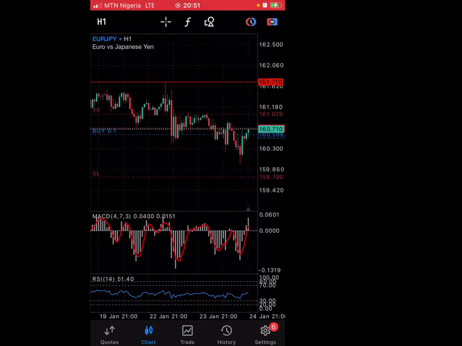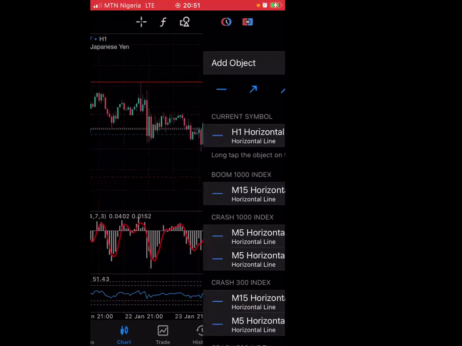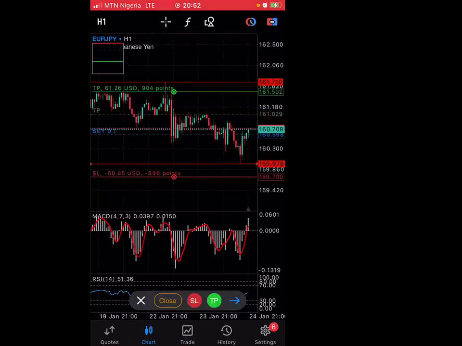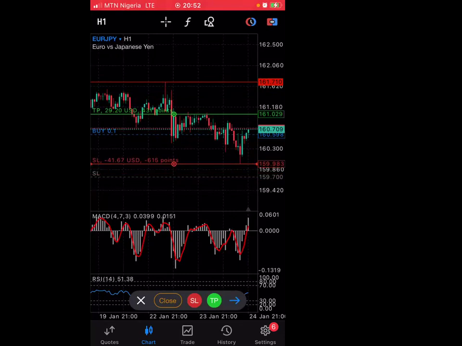I can decide to put another horizontal line there as my low, and say, if I enter a trade for a buy, the buy may most likely go up to this high point. So I can decide to adjust my take profit to that point and keep my stop loss at the other low there. That's just an example.